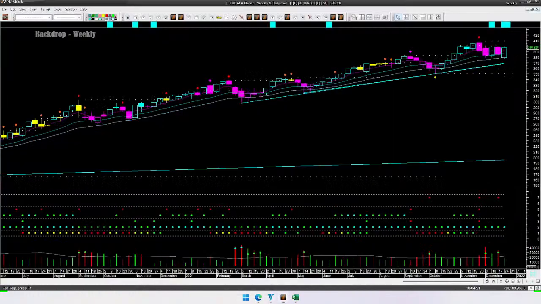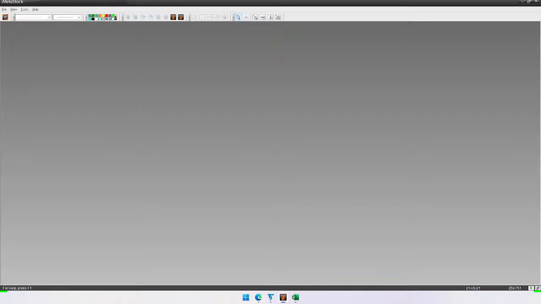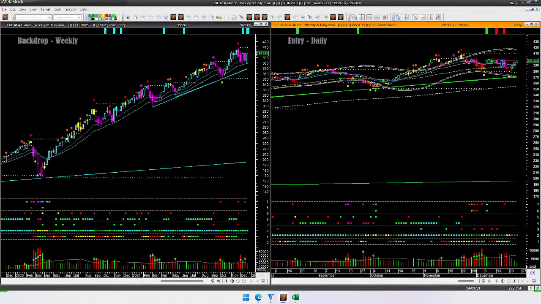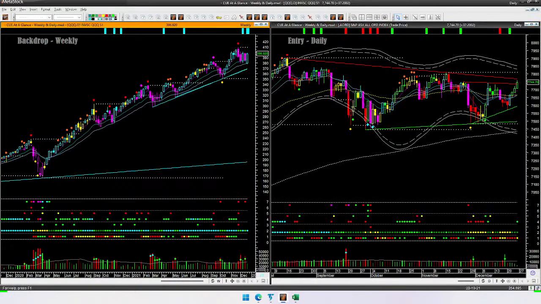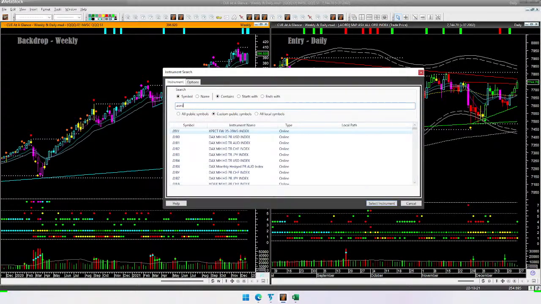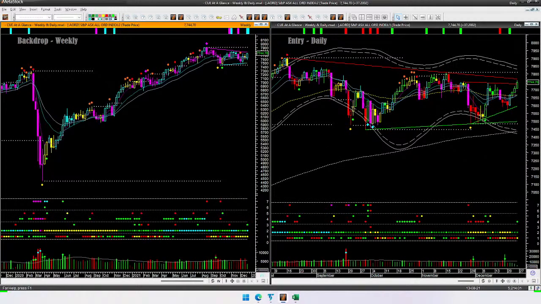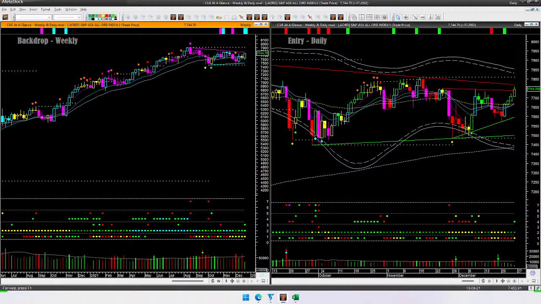Let's now look at the global markets first, starting with the Australian index, All Ordinaries. This is All Ordinaries, weekly, daily at a glance template.